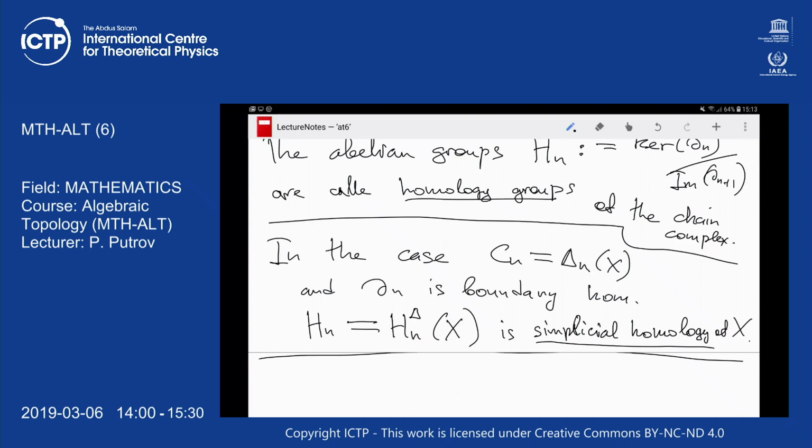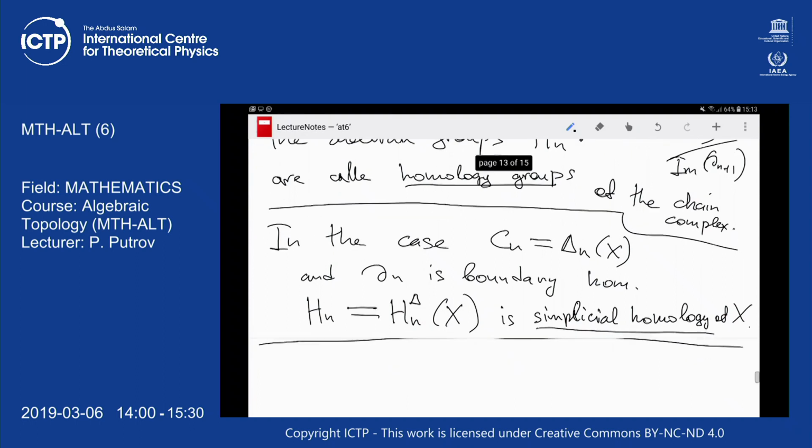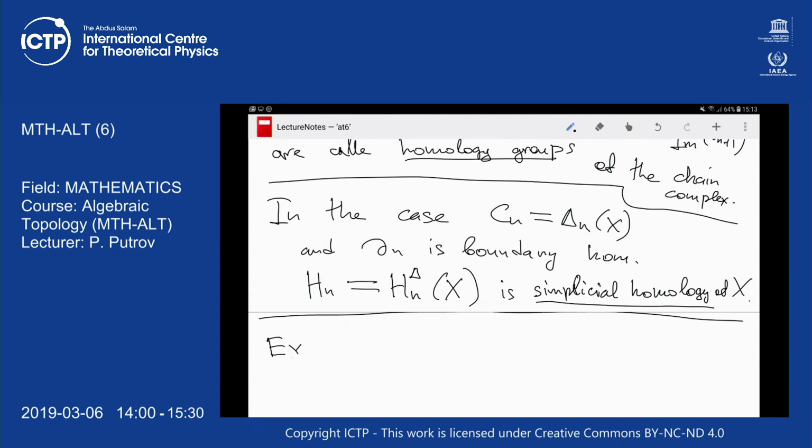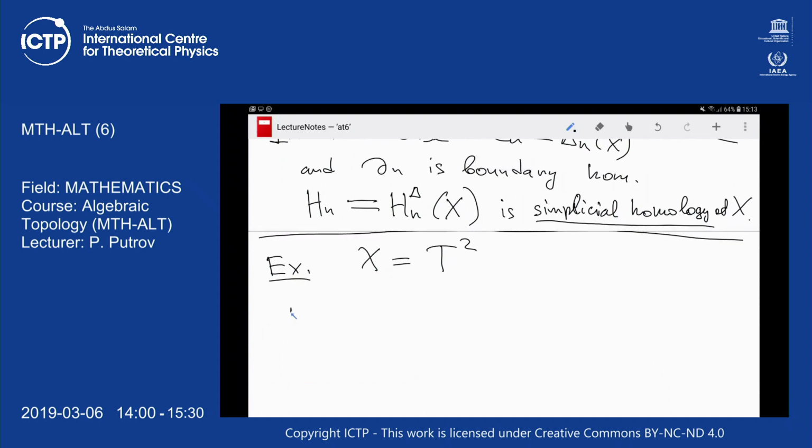So let me give you an example. Let me return to the case of the torus. We already constructed the delta complex structure. Again, it can be visualized as a diagram.